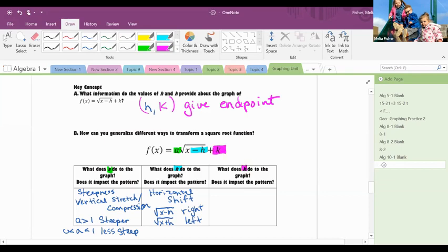Our k value is a vertical shift. And this is plus k moves us up, minus k moves us down. Go ahead and do the triangles.